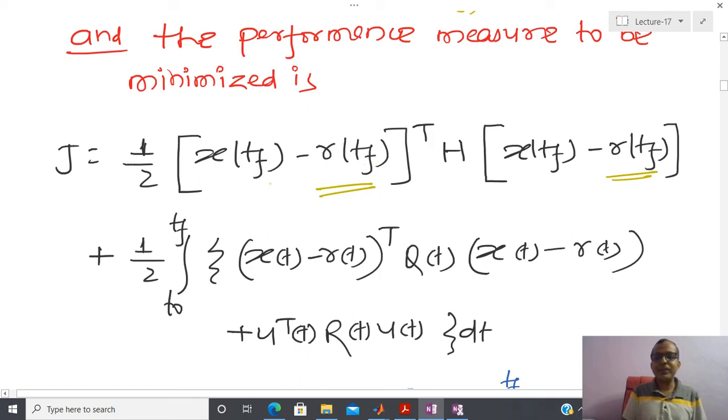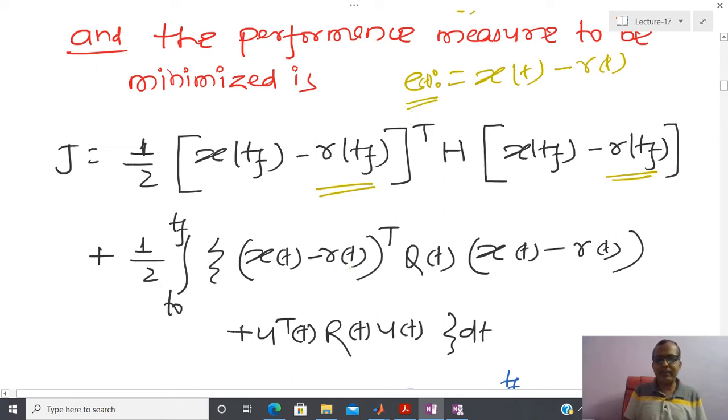Now I am defining everything in terms of error. Initially, in the regulator problem, I can define the error e(t), which is exactly equal to x(t), so e(t_f) is equal to x(t_f). Now my error is x(t) minus r(t). So if in place of the state you substitute the error, then the formulation remains the same.